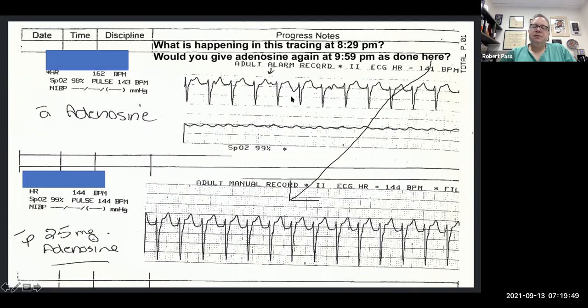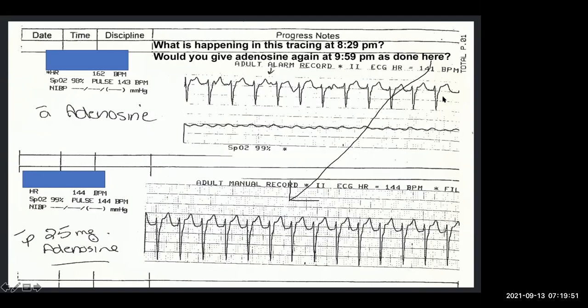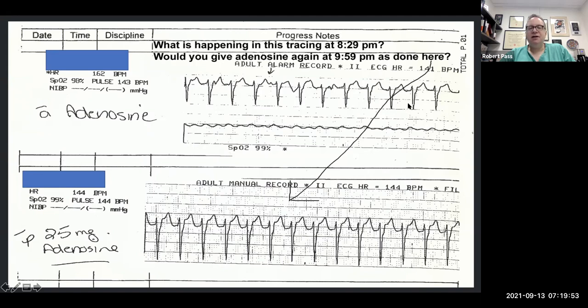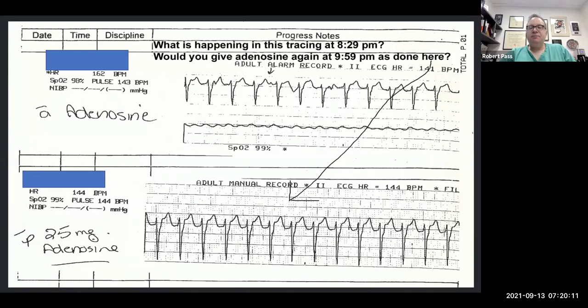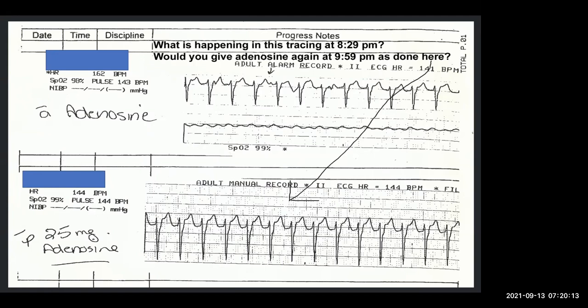The R to R interval is not changing, and yet there is no consistent relationship between the V's and the A's. So what would you say the diagnosis is? In post-op patients, we see it in JET. Right, could be JET, absolutely. Or ventricular tachycardia. That's right.